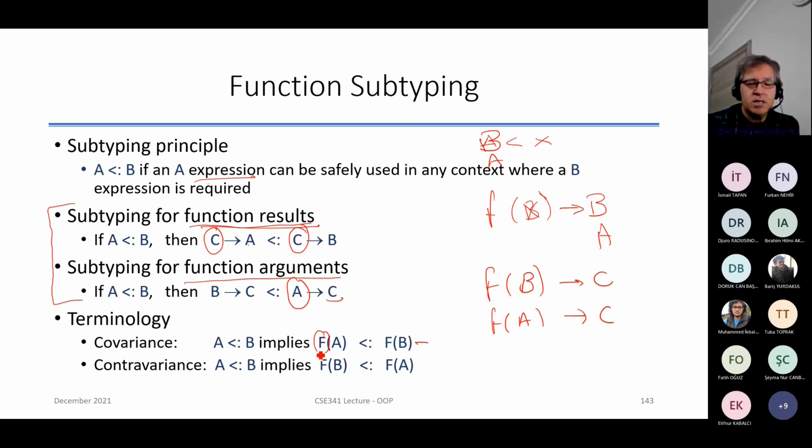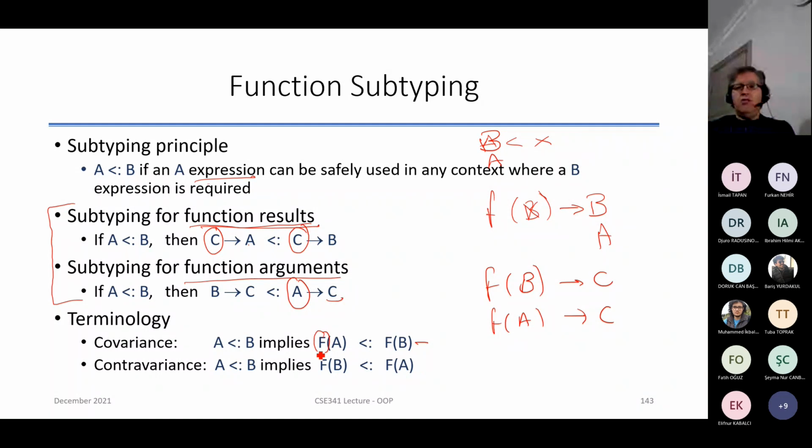So covariance is going to be an important thing. If your function definitions can, some functions might result in a covariance relationship, and some might result in a contravariance relationship.